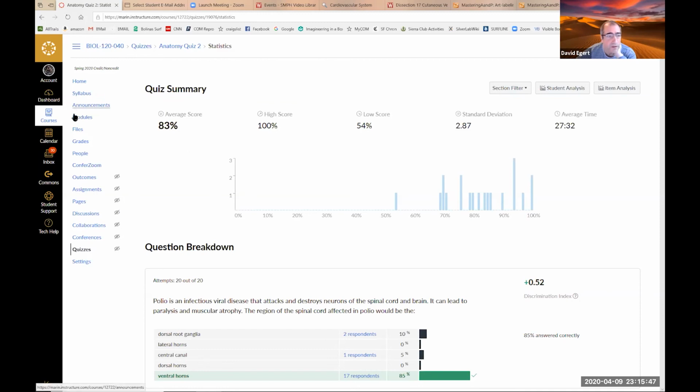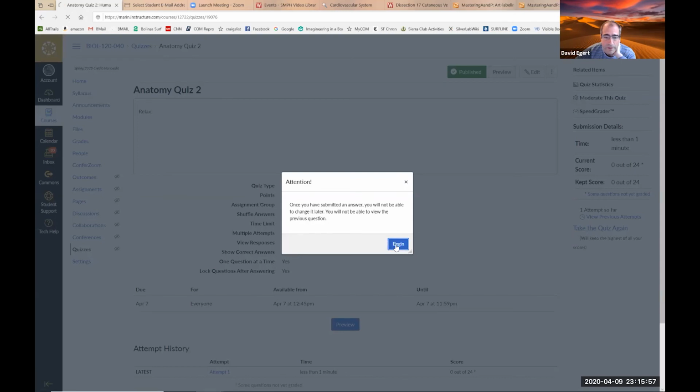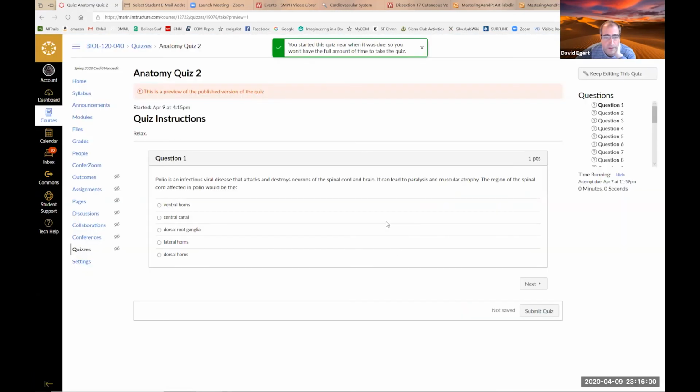So let us go back into the quiz and just go one by one. I guess we can preview it. The first question was polio. Now we're worried about the coronavirus, but I had teachers when I was in college who talked about how every year after summer break, they would see who got hit, who's going to be paralyzed.